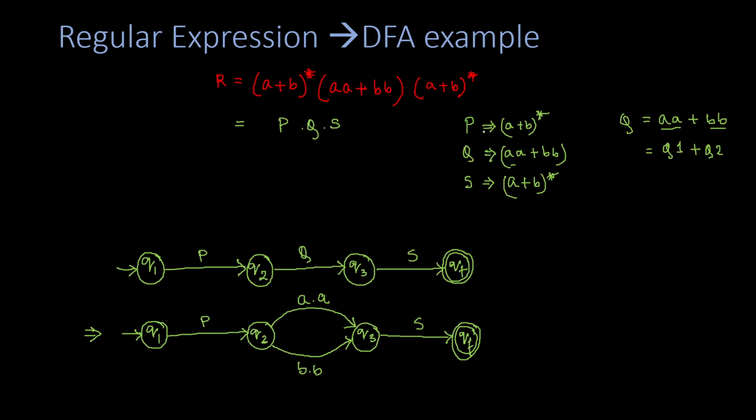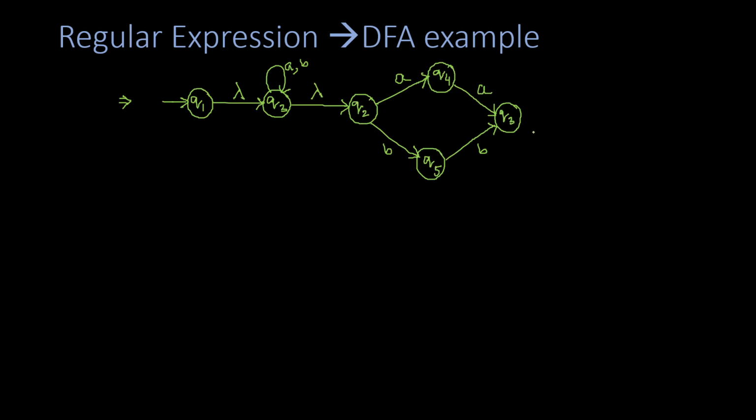Now if you take Q3 to QF, this S part, this S is again (A plus B) star. So basically I think now you can realize what I should write. I should write lambda. Without consuming any symbol, you should reach some state, say for example Q6.